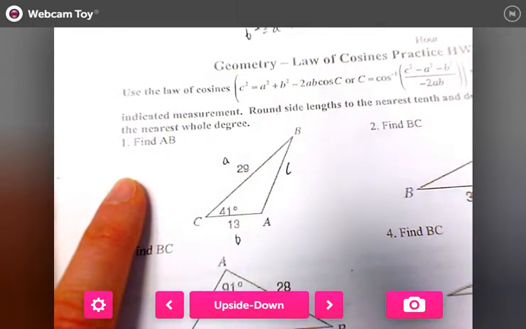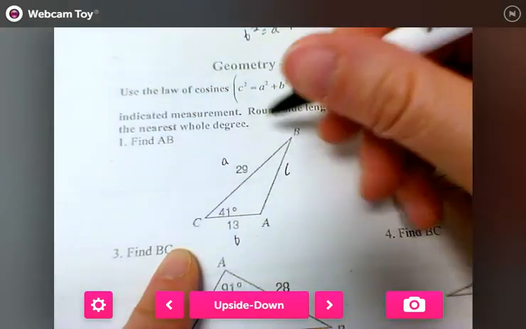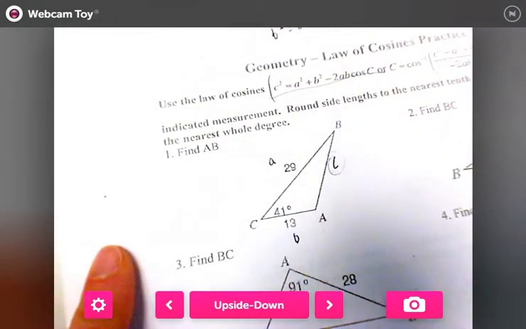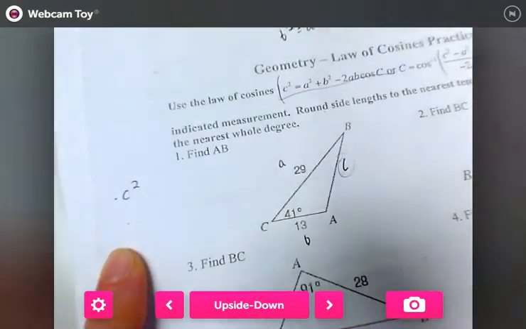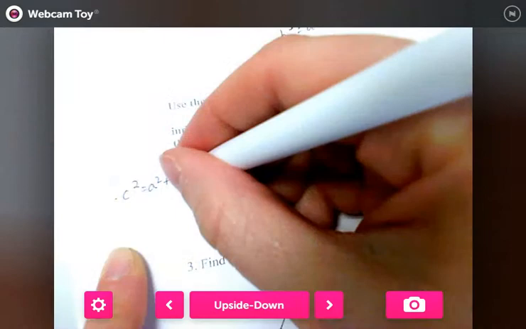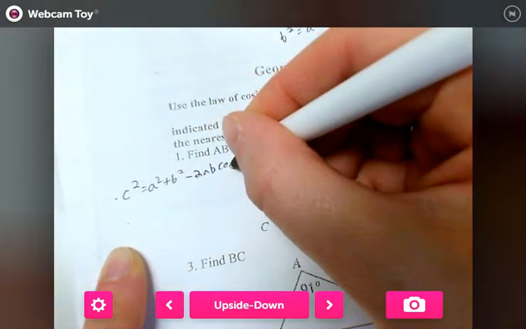To determine which equation to use, we're finding between A and B, so we're finding little c. So that means we want to use little c. Step 3. So we're going to use c squared equals a squared plus b squared minus 2ab cosine c.